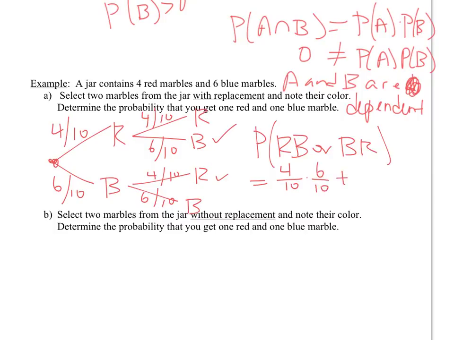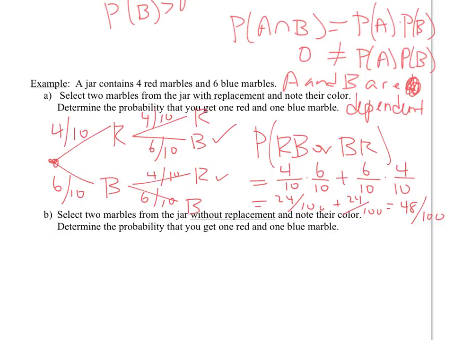And then I put a plus sign for BR. Well, the BR outcome is 6/10 times 4/10. All I'm doing is the special case of independent events and following the so-called multiplication rule here. So this is 24 out of 100 plus 24 out of 100 to get me 48 out of 100.